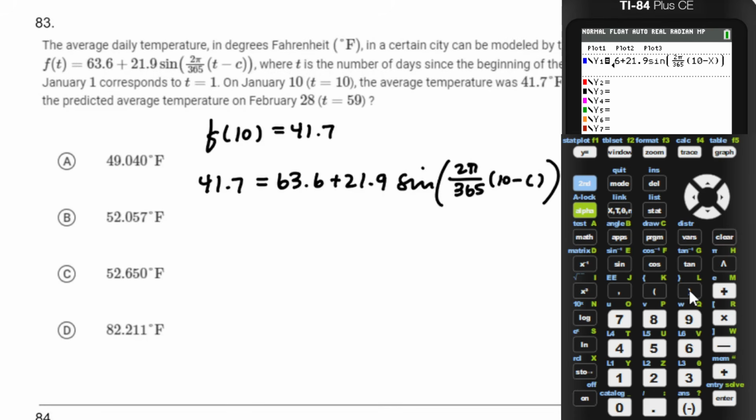Okay, we're interested in where that's equal to 41.7, so the difference between that and 41.7 should equal 0. And that's a calculator trick we're going to employ quite a bit in AP Calculus. Now, I'm going to zoom to the standard window and just hope for the best. Just figure out what c is.